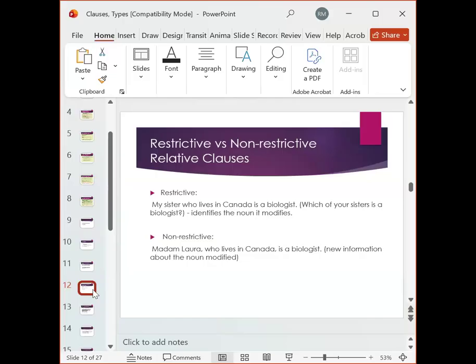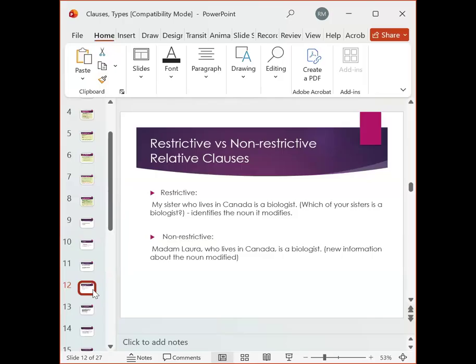And in order to distinguish the one in Canada from the one in Germany or the one in Ghana, that is why you've added that information. You want to say one of your sisters is a biologist, but you want to tell us or define the meaning of my sister. So it's not the one in Germany, neither is it the one in Ghana, but the one in Canada. So that way, the meaning is defined, or it's identifying the noun my sister.